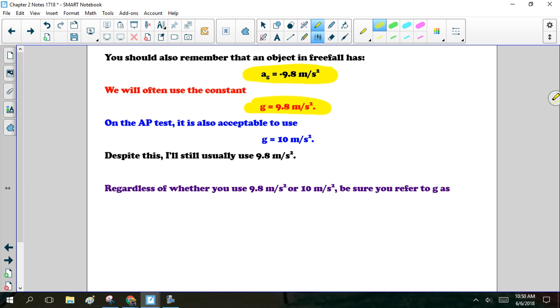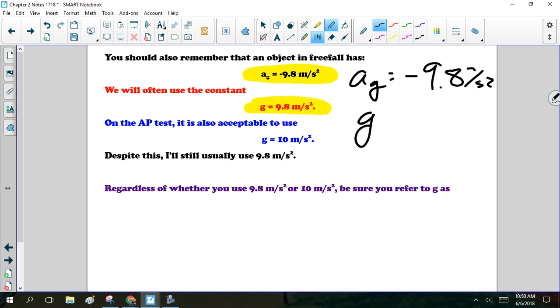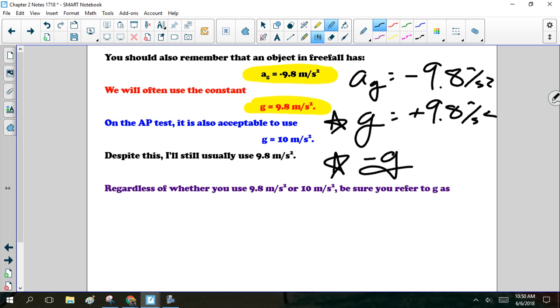Basically, the main difference is that ag is negative 9.8 meters per second squared, whereas g is understood to be positive 9.8 meters per second squared. So if I write negative g, that means negative 9.8.